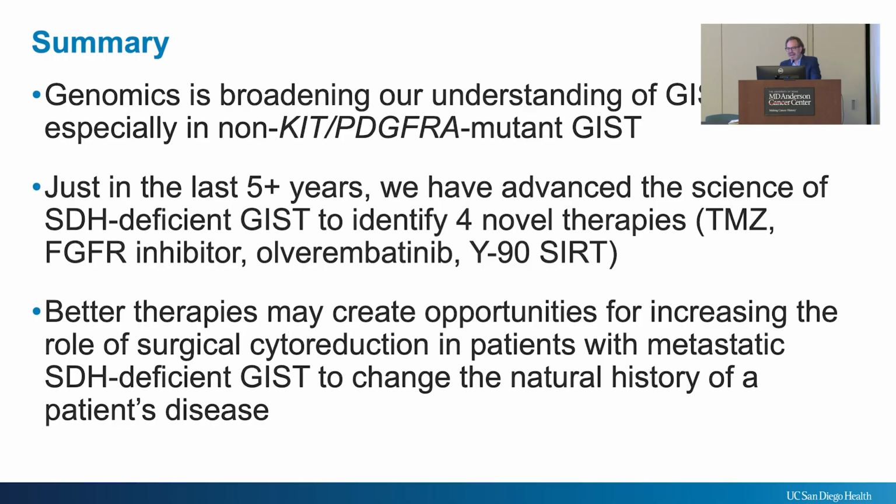What I've described to you in the last 5 or so years is really some tremendous advances in the science of SDH-deficient GIST, really having now identified 4 novel therapies potentially for these patients, whether it be temozolomide, an FGFR inhibitor, ulixertinib, or the Y90 selective internal radiation or SIRT therapy. But we still have work to do. These better therapies may also create opportunities for more role for surgical cytoreduction in these patients as we understand more about the natural history.